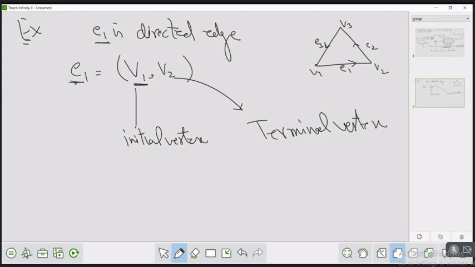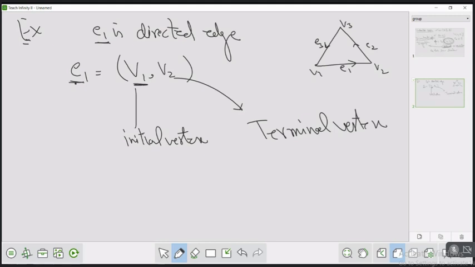Now we come to the point about the edge in the directed graph: incident on. In an undirected graph, every edge is incident on a vertex.